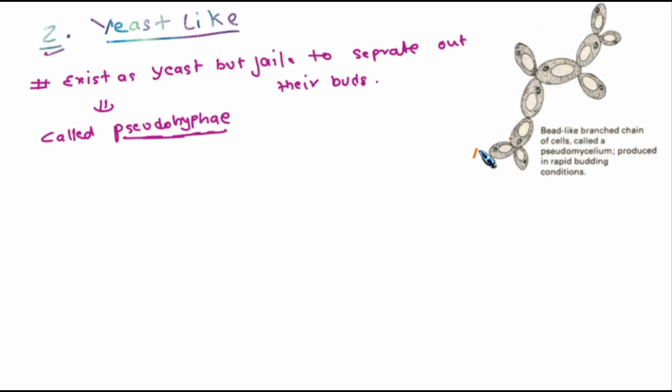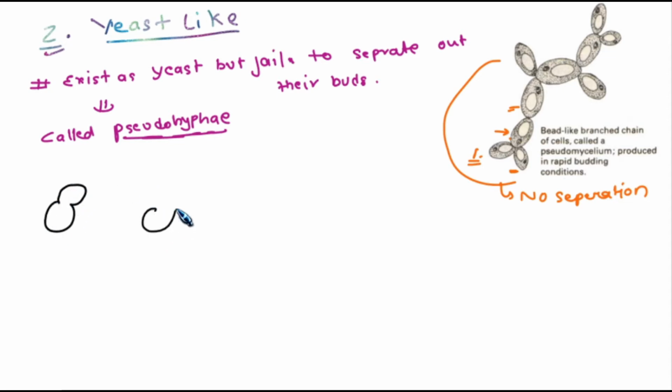You can see in the figure there is a parent bud and daughter buds. They do not separate. That is pseudohyphae. I'm going to show you the difference between true yeast, pseudohyphae, and true hyphae. Let me draw that.